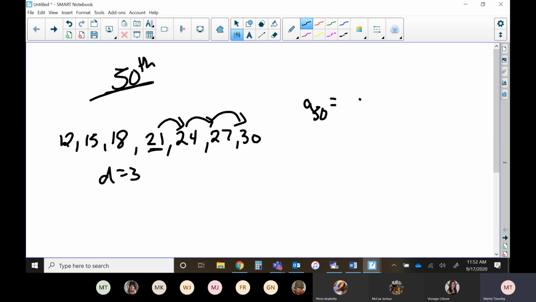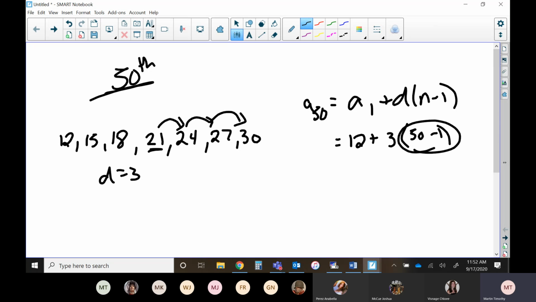If you remember, it's a1 plus the common difference times n minus 1, right? So it's going to be 12 plus, what's the common difference? 3, and then what? 50 minus 1. So then you just do 49 times 3 and then add 12 to that, and that would be your answer. And that would be the 50th term.